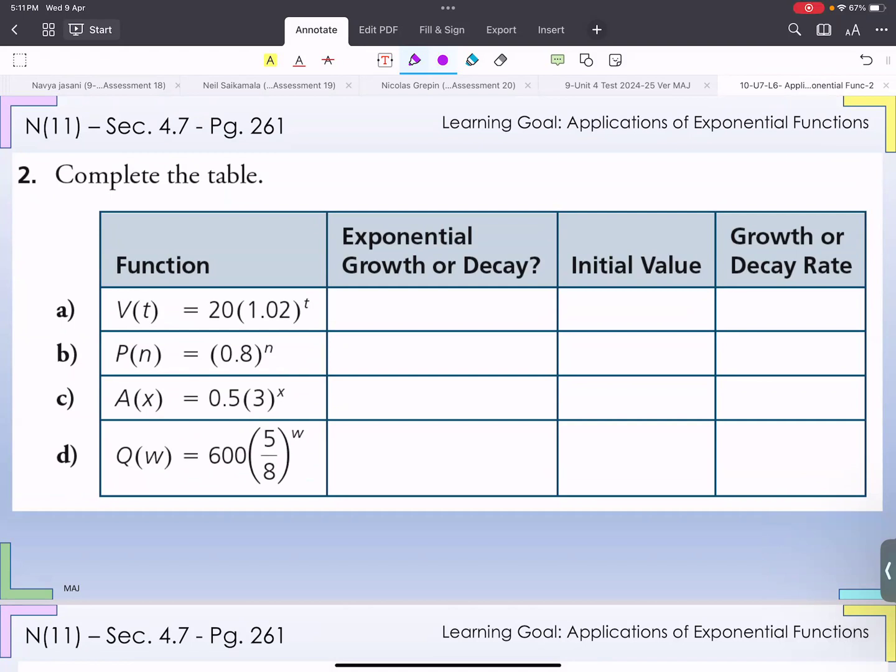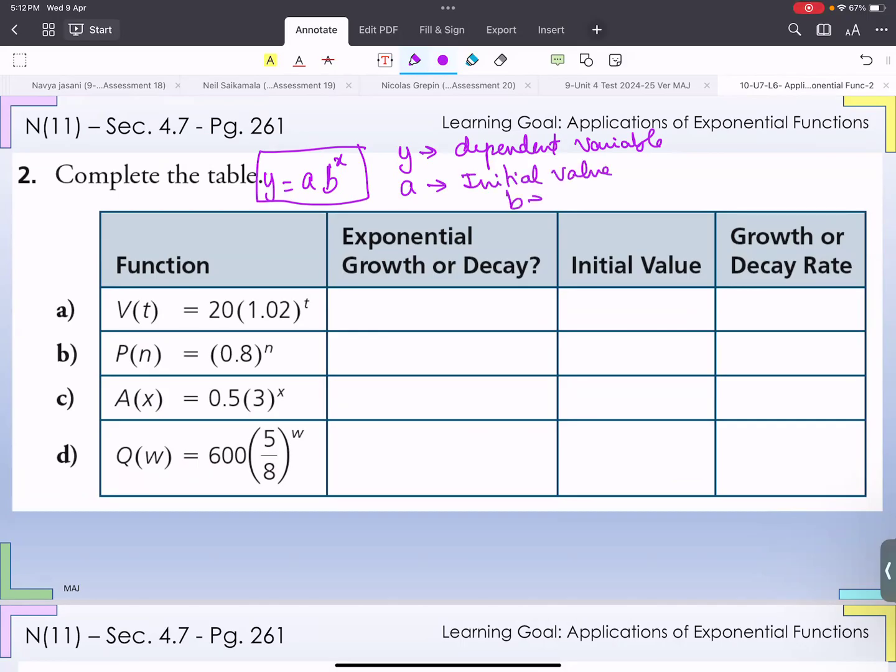Right. Now, this is the part you need to be very careful and pay attention to a little more closely, okay? Now, the b value in y is equal to ab power x: y is the dependent variable, and a, we saw on another slide, is the initial value. b is the growth or decay factor.